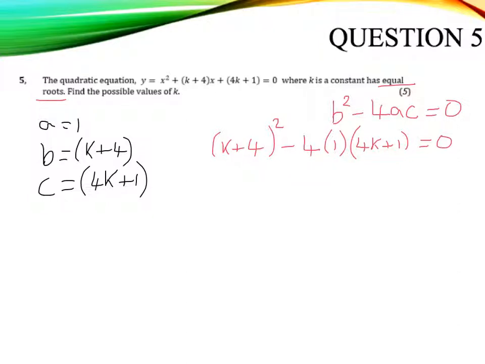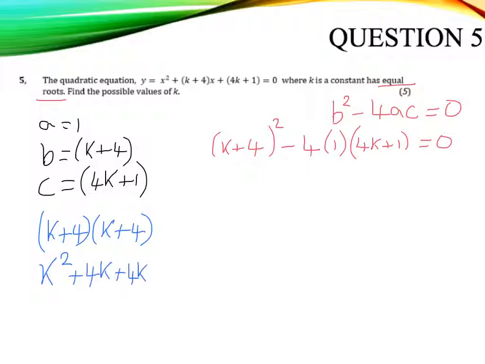Okay, next we need to expand out the first part here. This isn't just k squared plus 16. Remember, this means k plus 4 multiplied by k plus 4. You can use whatever method you like here, but you're going to end up with k squared. My outside pair gives me plus 4k, inside pair plus 4k, last pair plus 16, and notice I can collect my two terms together in the centre.